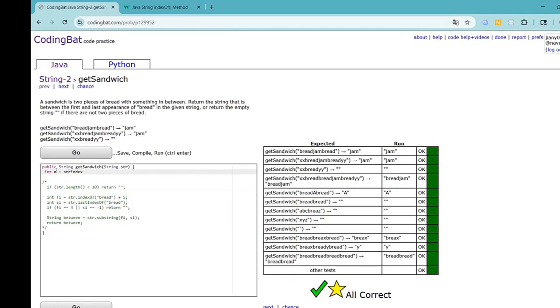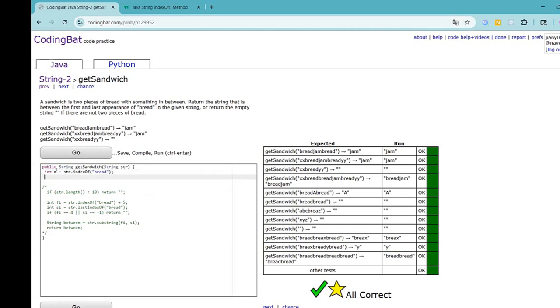Very slow. I don't even know whether I hit it or not. So you find out the first bread, and you find out the last bread.